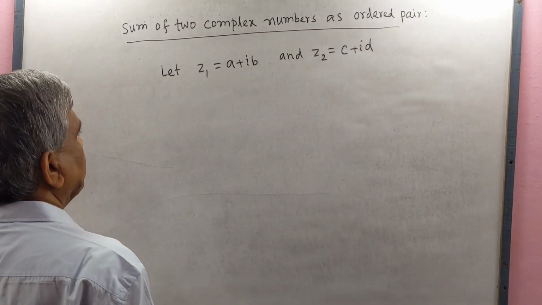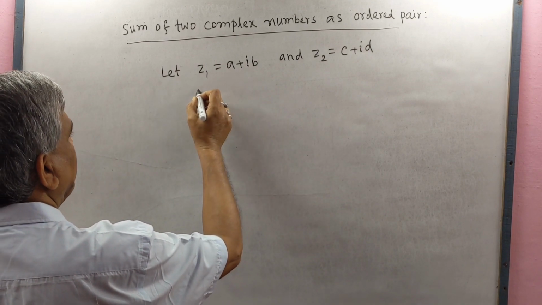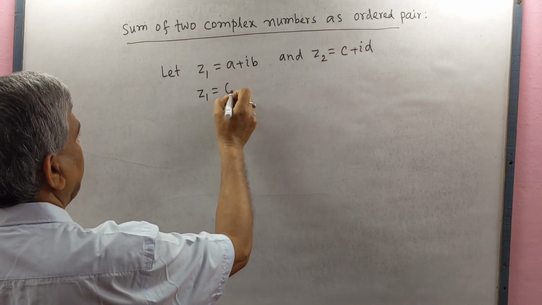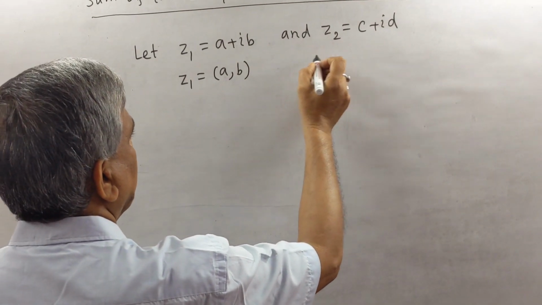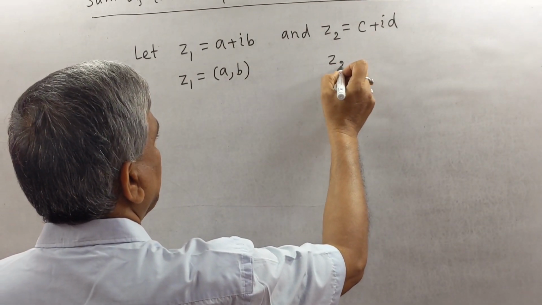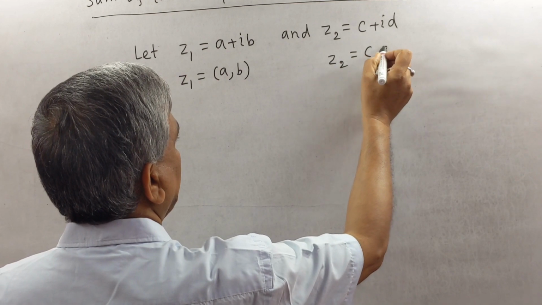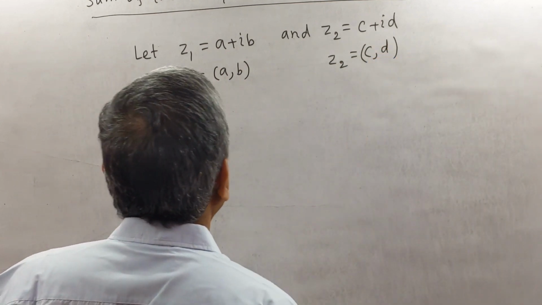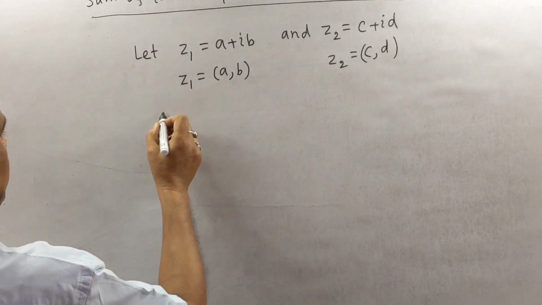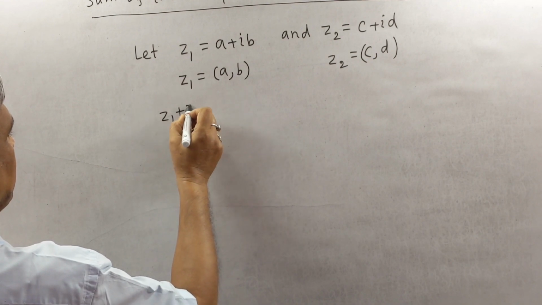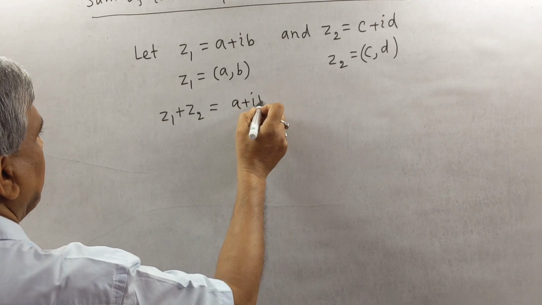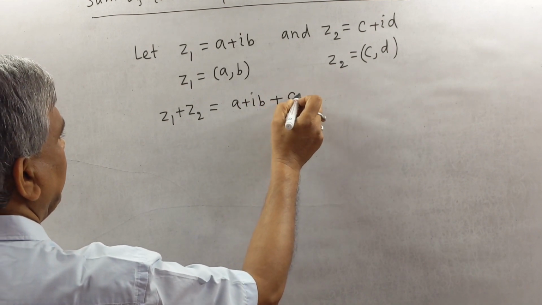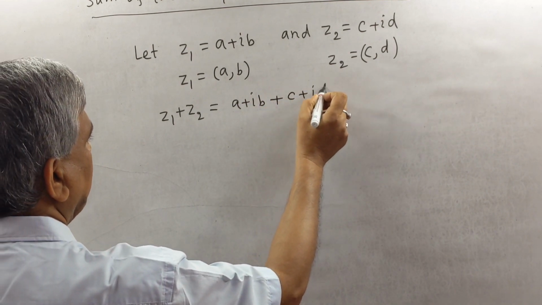Here, in terms of ordered pair, we may write z1 equal to (a, b) and z2 equal to (c, d). z1 plus z2 equal to a plus ib plus c plus id.